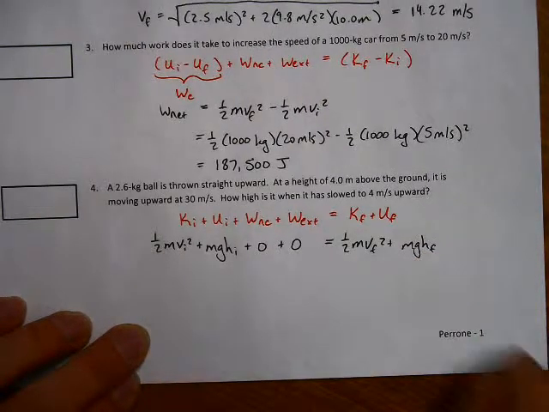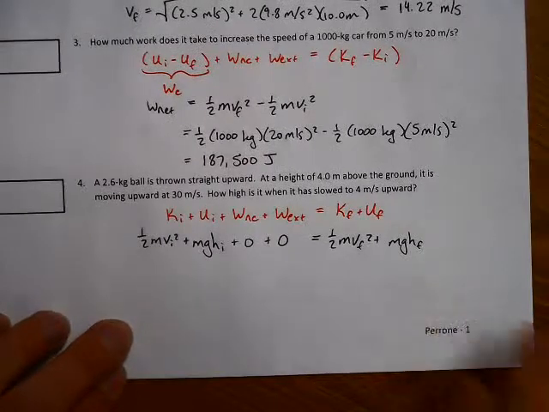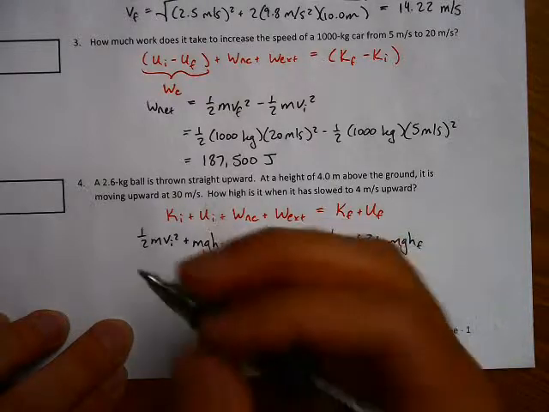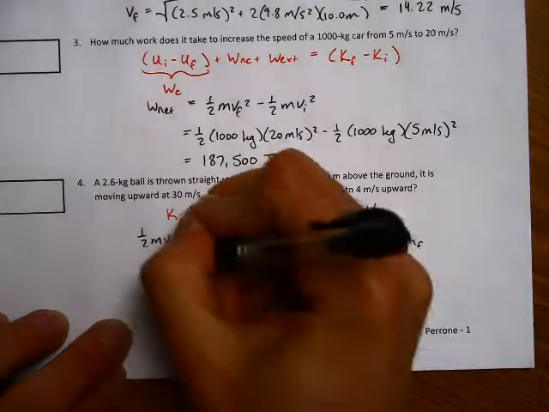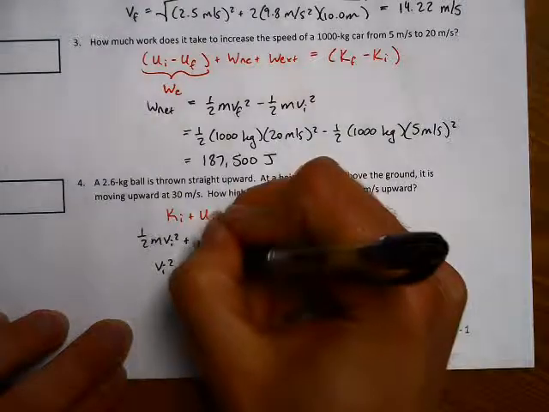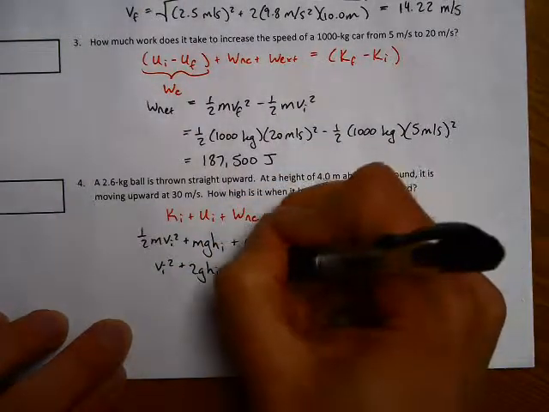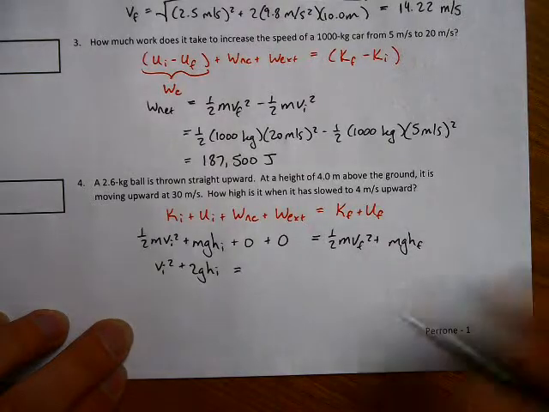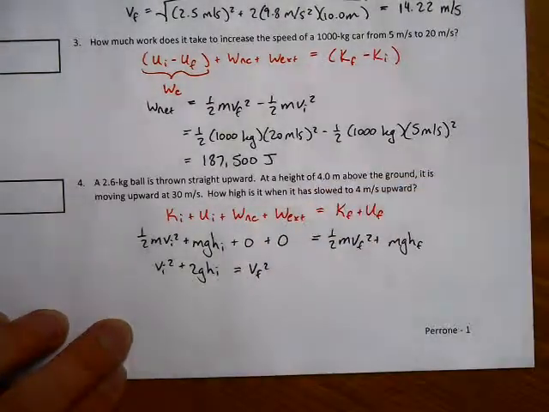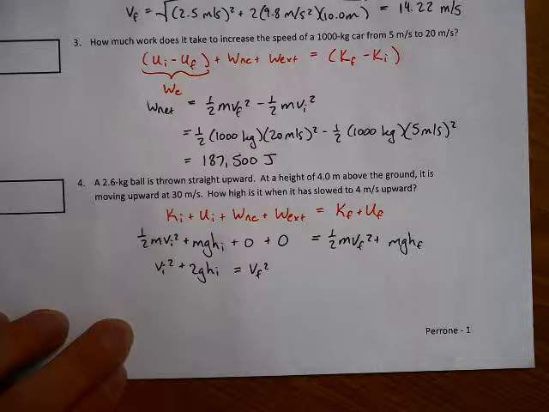At this point, we're just simplifying. We'll start off by dividing every term by 1/2 m. That leaves me with a vi squared. That leaves me with a 2ghi. On the other side, that leaves me with a vf squared, and that leaves me with a 2ghf.